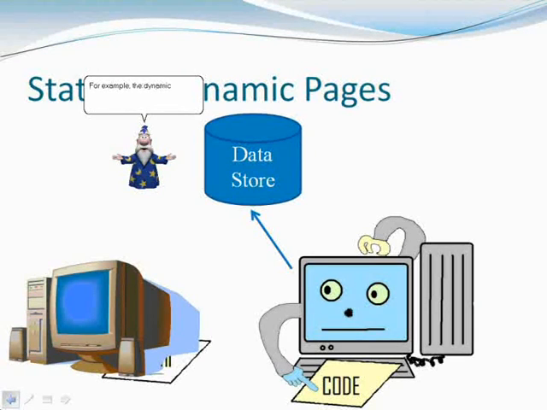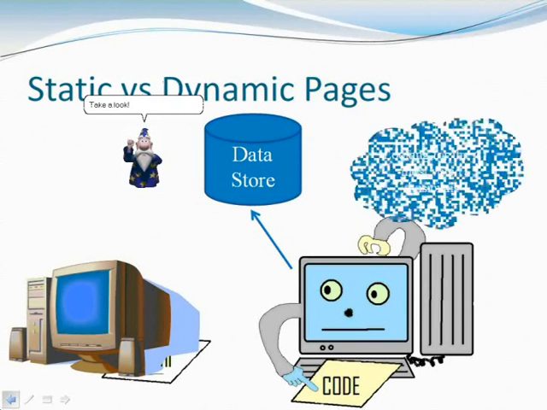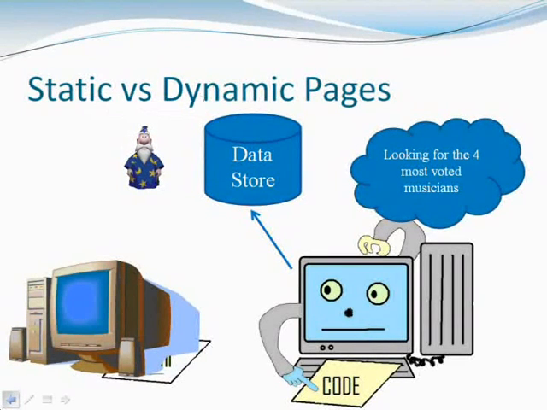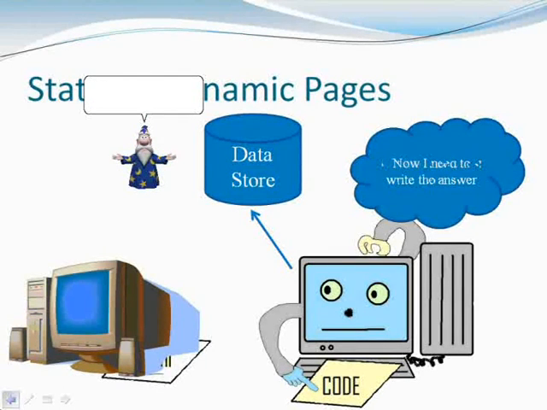For example, the dynamic web page may look up the 4 most popular musicians in the world. Take a look. Finally, the server gets the data requested and needs to do something with it.